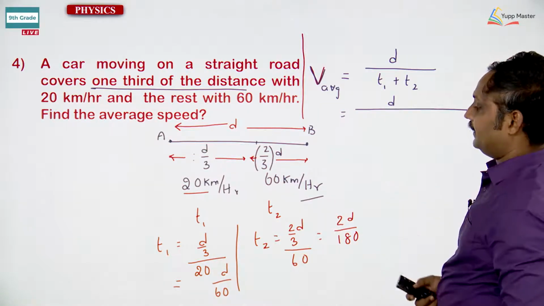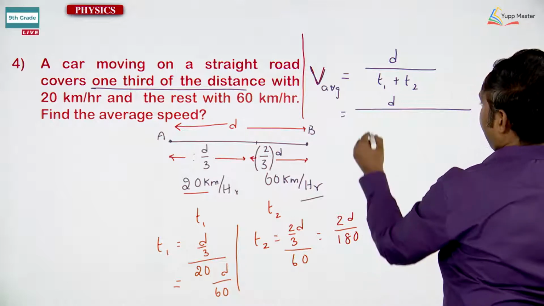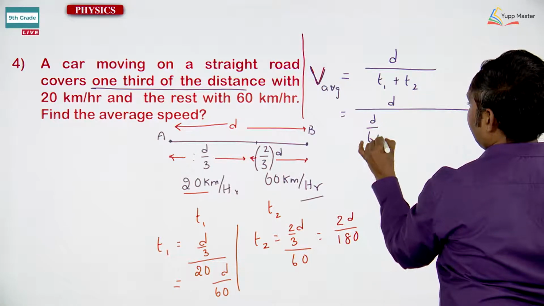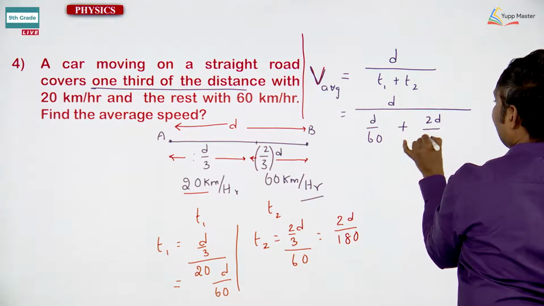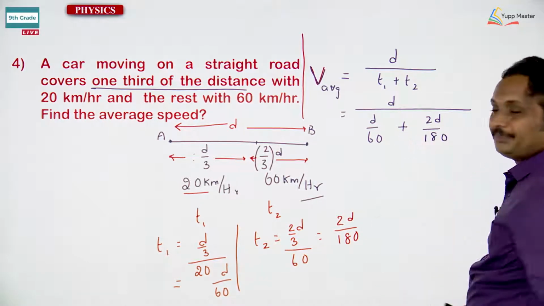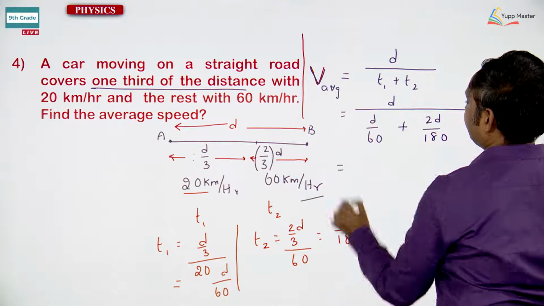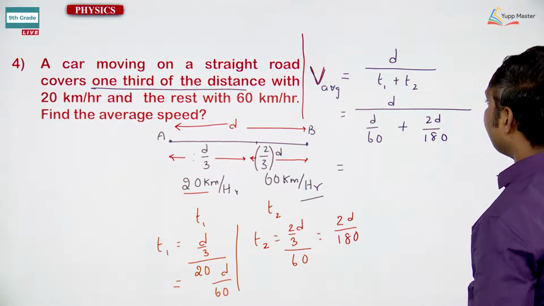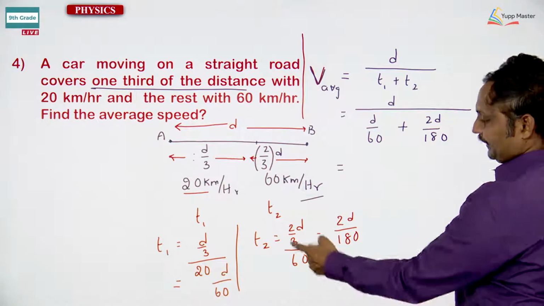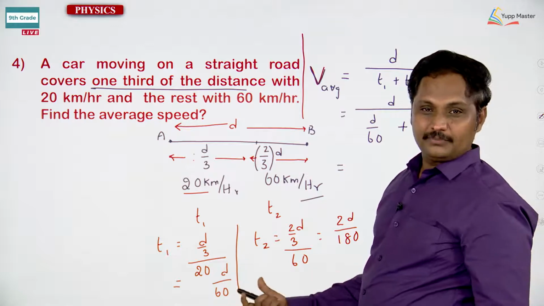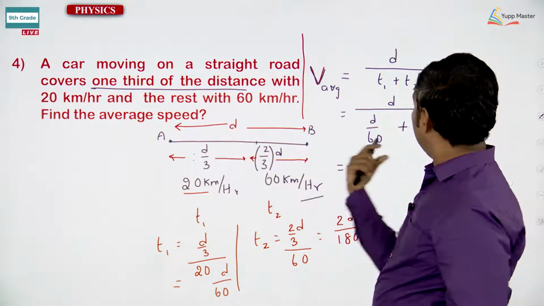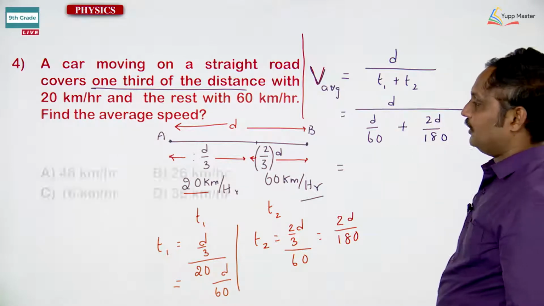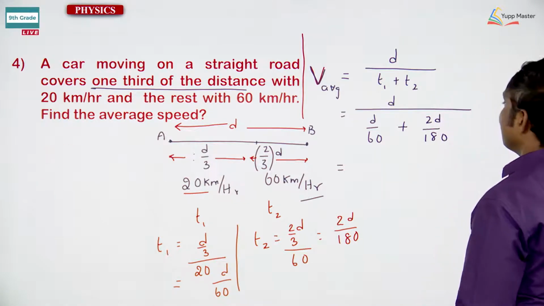You can get that t1 value: d by 60 plus 2d by 180. You can express it in the same units, kilometer per hour, and it will reflect in the answer.